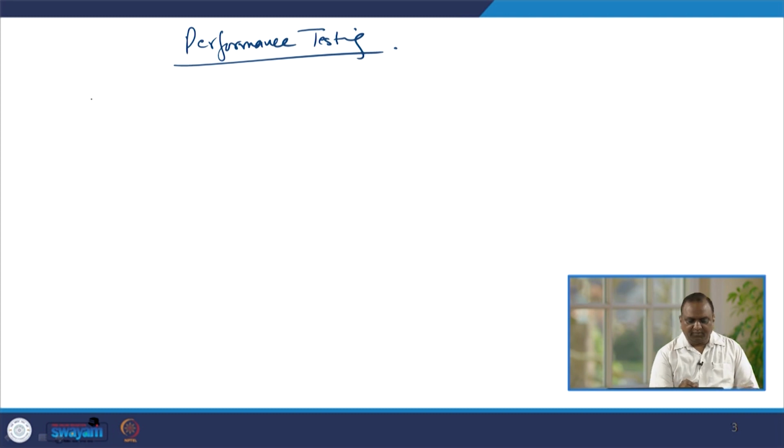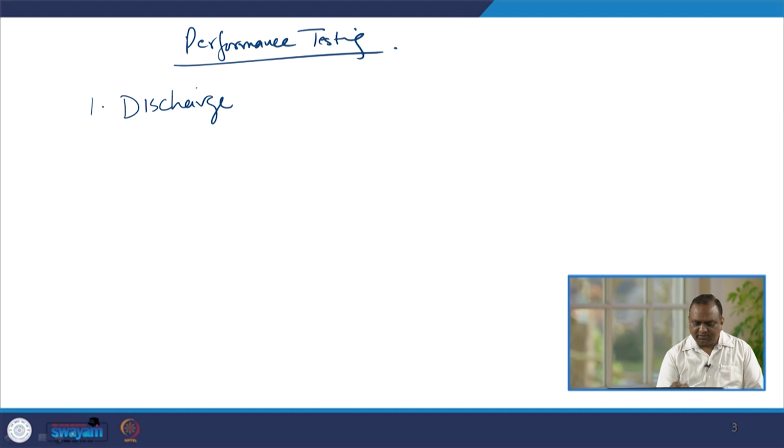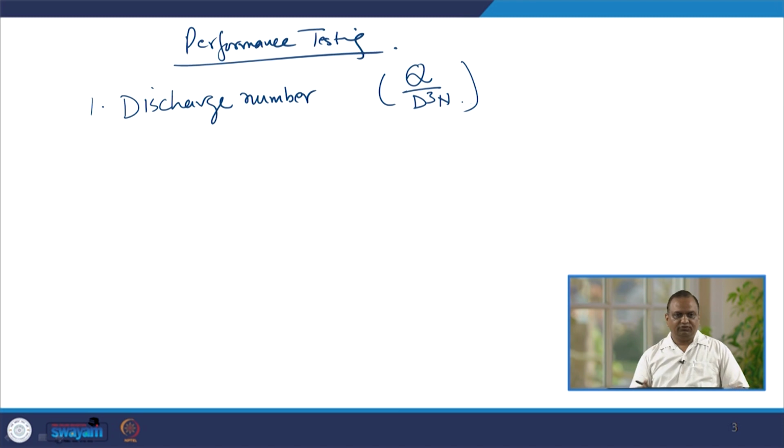For example, number 1 is the discharge number. It is Q by d cube n, or Q by n d cube. This is known as the discharge number. So, if there is a prototype and the model, if the model has to perform the same as the prototype, their discharge numbers should be equal.